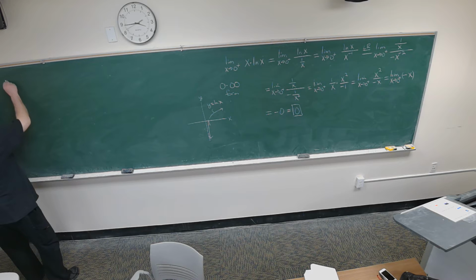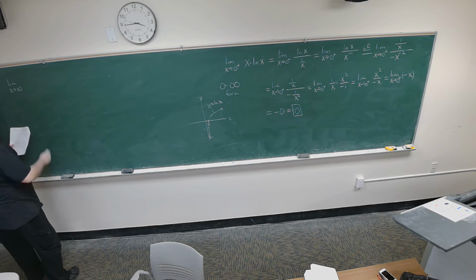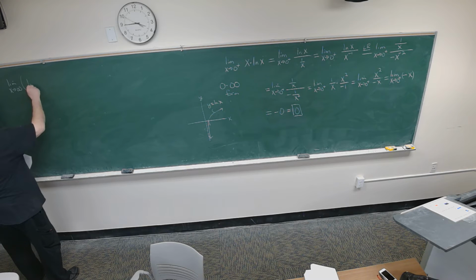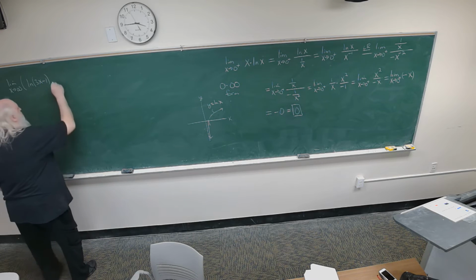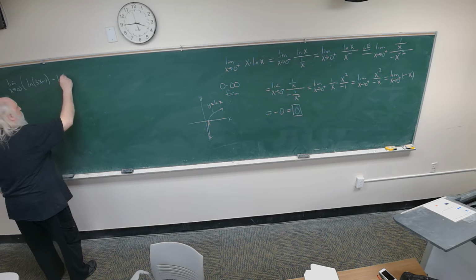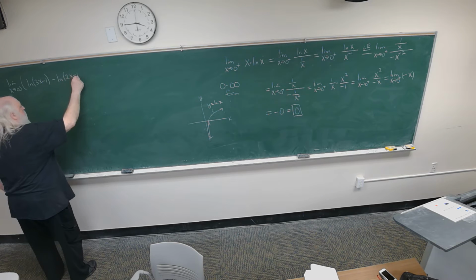So we have the limit as x increases without bound of the natural log of 3x minus 1 minus the natural log of 2x minus 1.